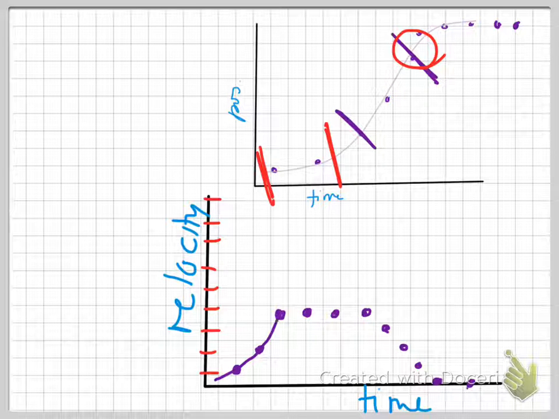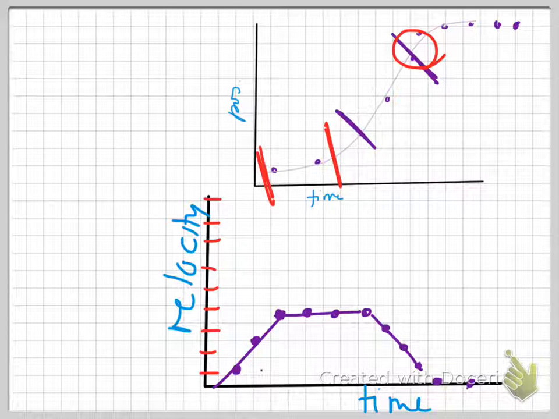So here we have a segment where the velocity is increasing, and I actually didn't draw that as well as I wanted to. Okay, there's velocity, there's velocity. Now, somebody had said something about rate of change of position, velocity.